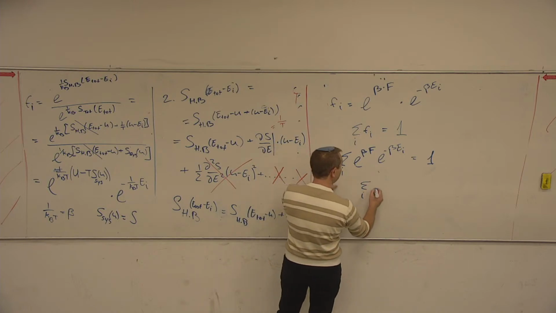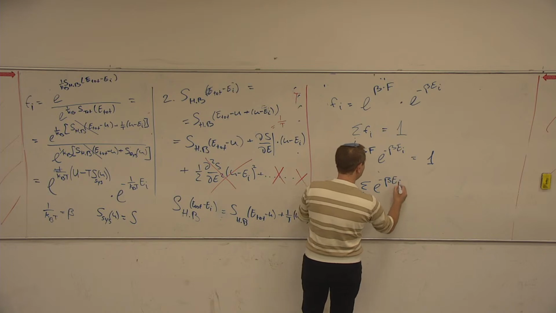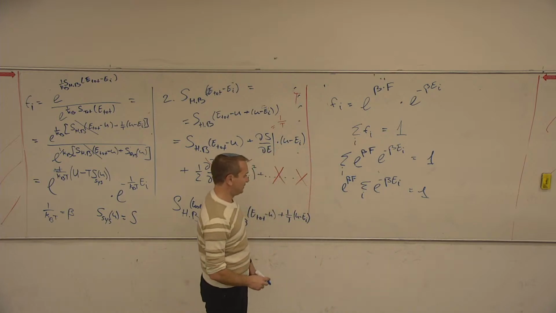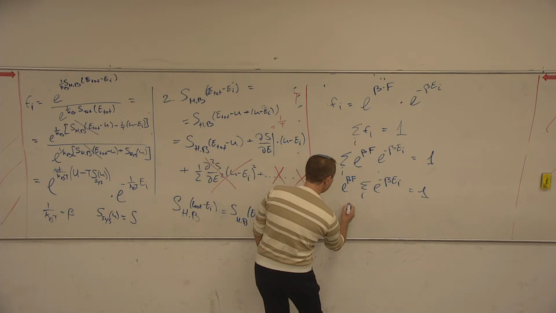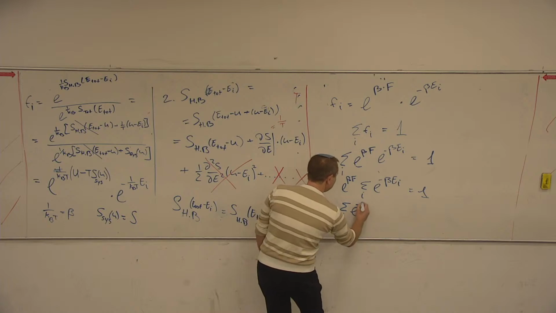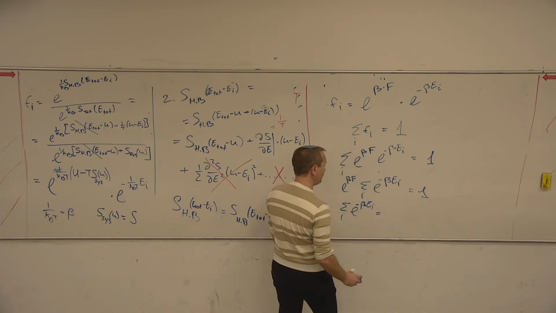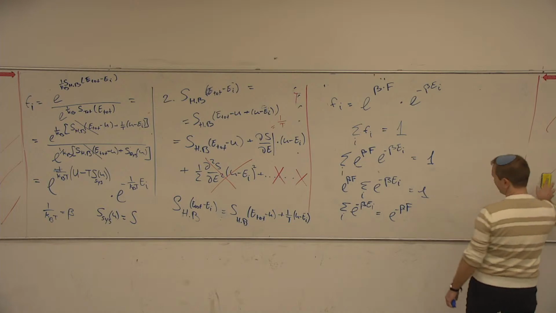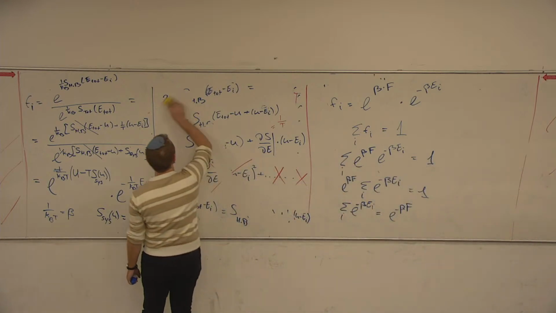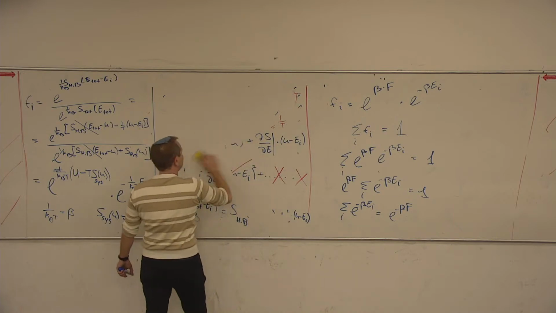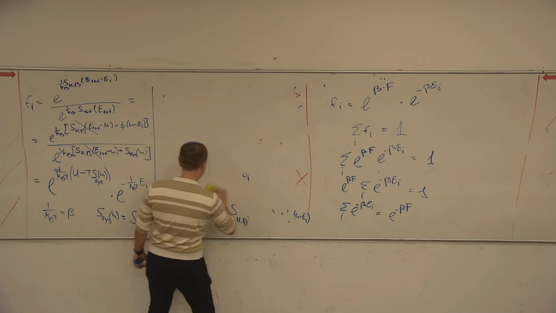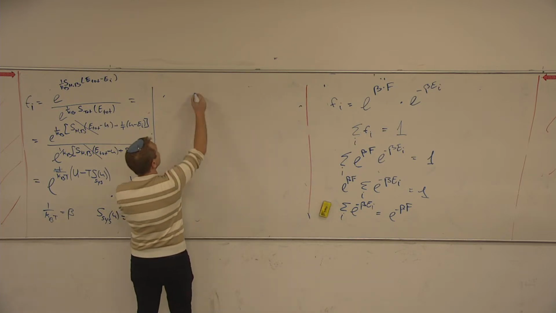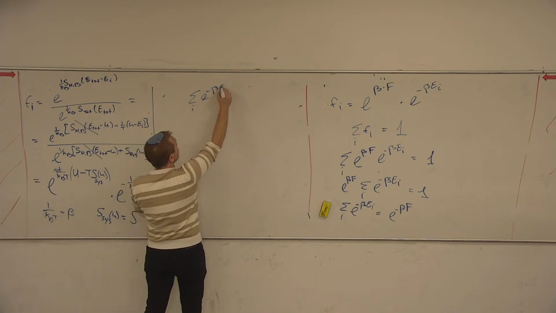So we have the sum over i of e to the minus beta E_i equals e to the minus beta F. What is beta?